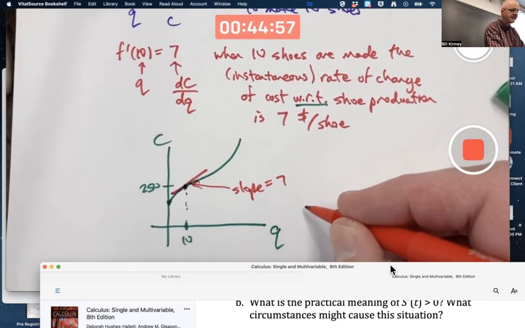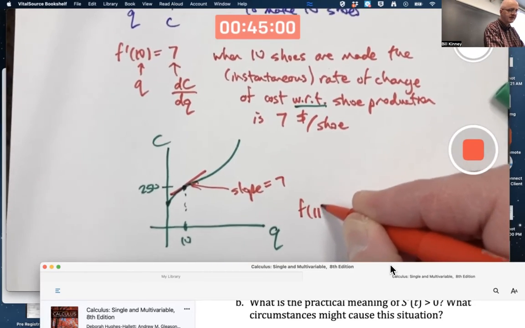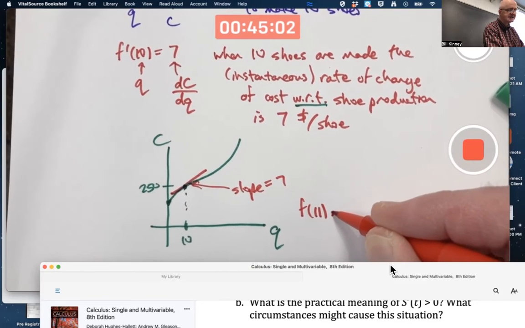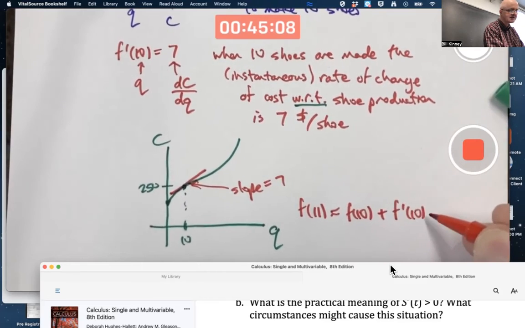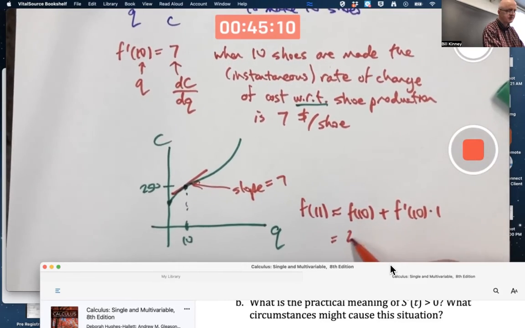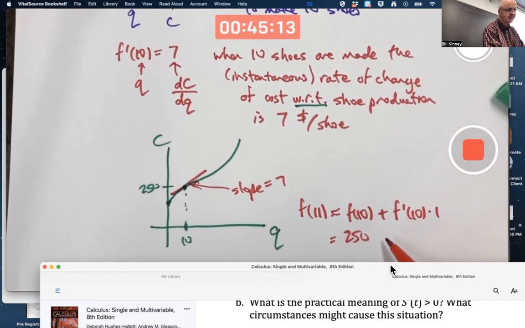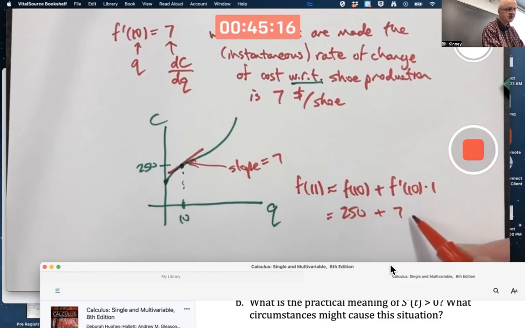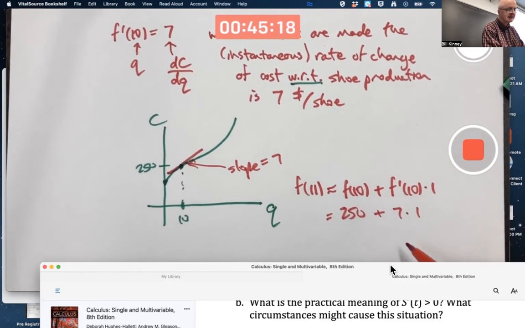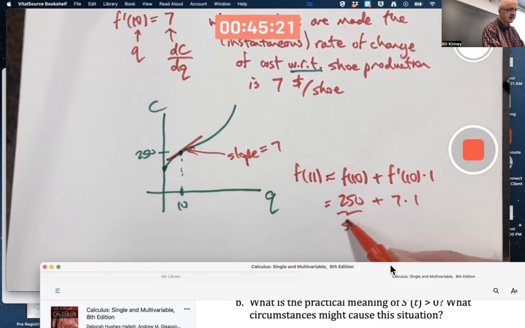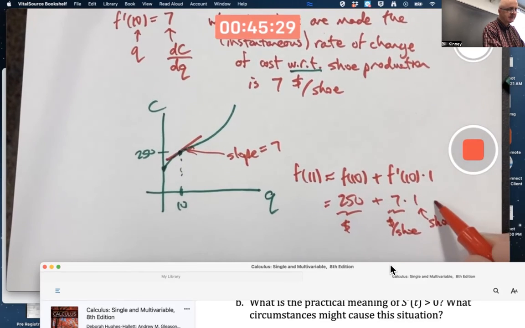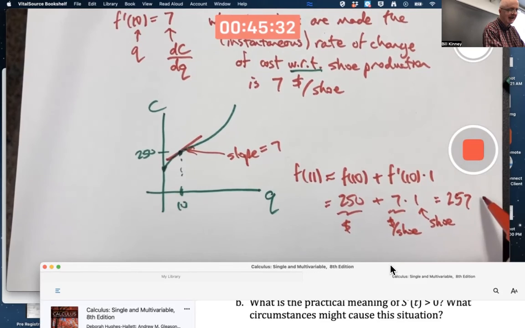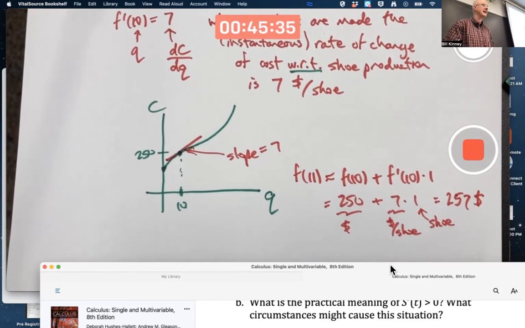And yes, that would mean that f of 11 should be approximately f of 10 plus f prime of 10 times 1. $250 to make 10 shoes plus $7 per extra shoe times 1 extra shoe. This is in dollars. This 7 is in dollars per shoe. And this 1 is in shoes to give you $257 as your estimate for the cost of making 11 shoes.